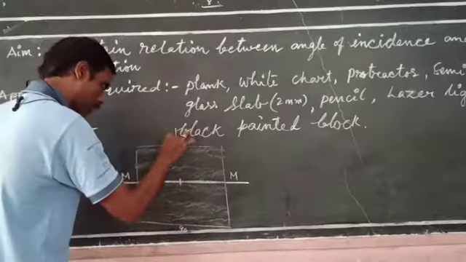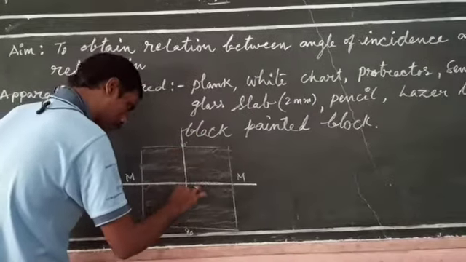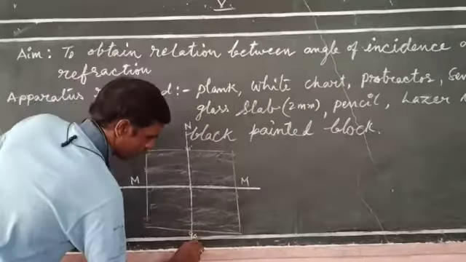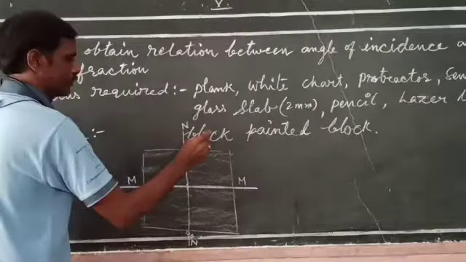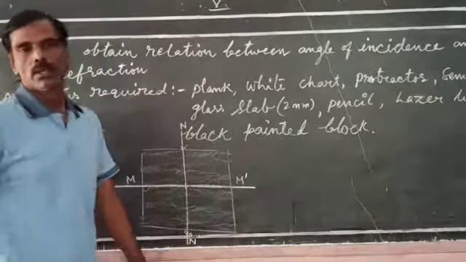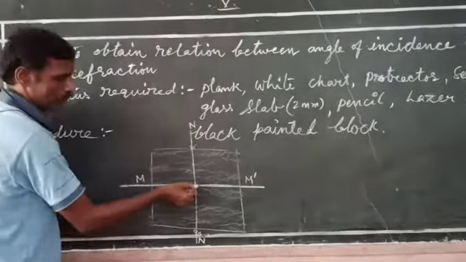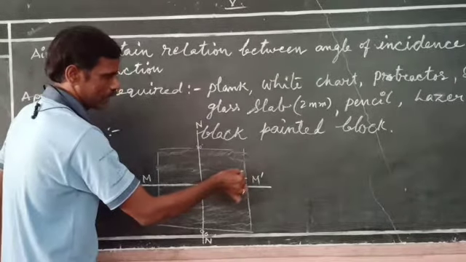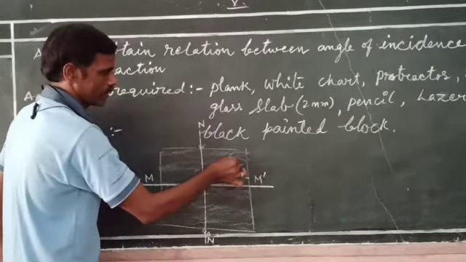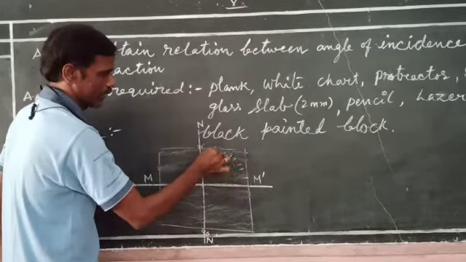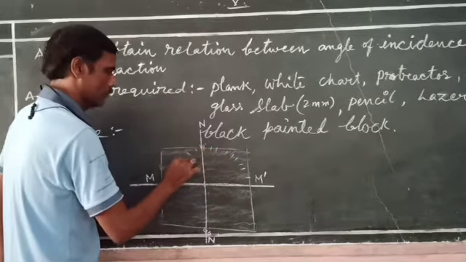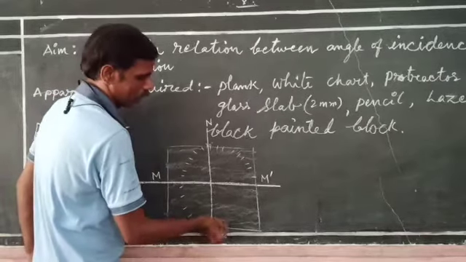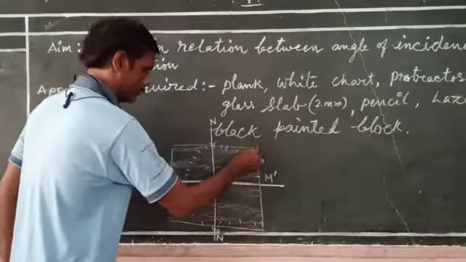Now draw a perpendicular line to MM, naming it as NN dash. Now by placing the protractor, mark each angle of 10 degrees, 20 degrees, 30 degrees, 40 degrees, 50 degrees, like that on all the sides of the chart.